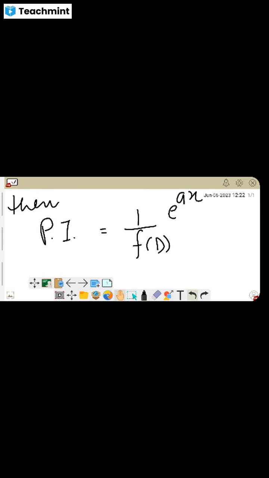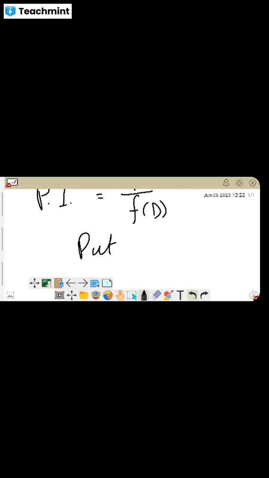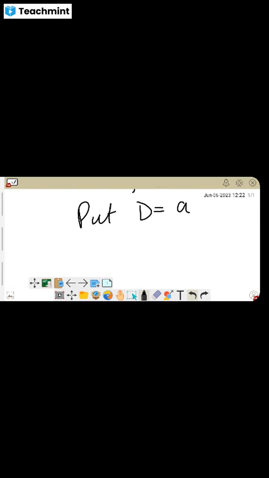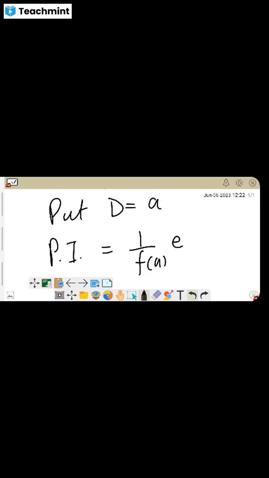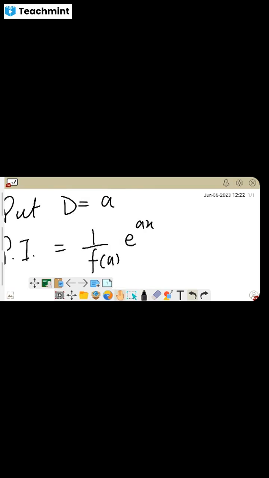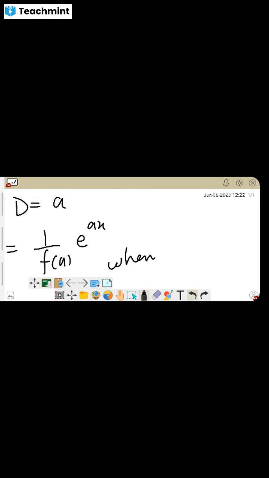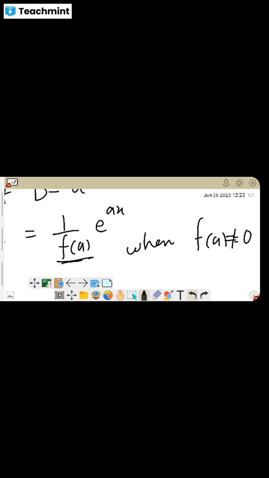Then put D is equal to a and find PI is equal to 1 upon f(a) into e to the power ax, when f(a) is not equal to 0, because if we have this 0 then we'll get an undefined value.